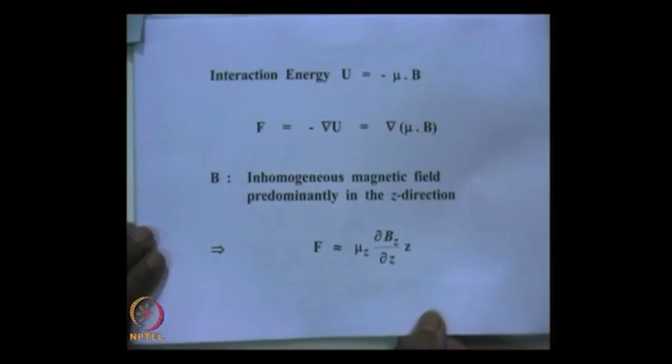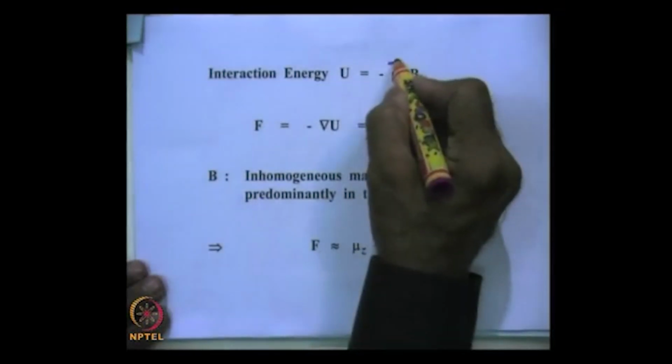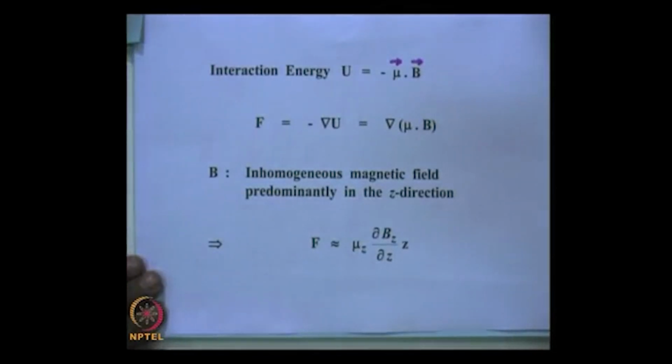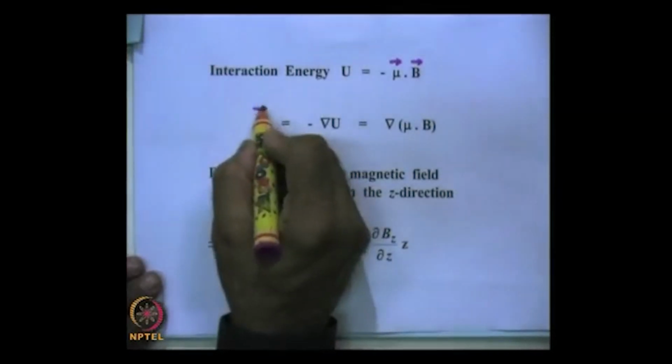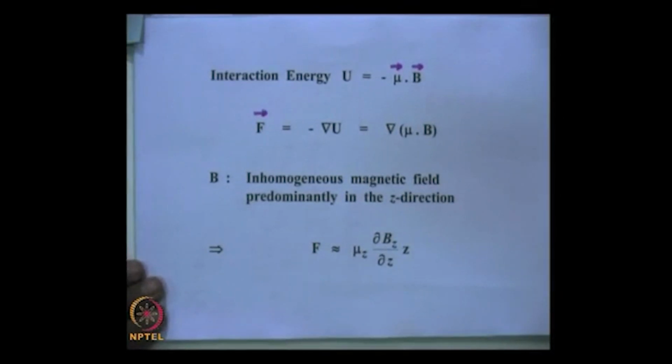So, let me repeat that the interaction energy for a magnet, all these are vectors, I have denoted by a bold sign, is mu dot B, and the force is equal to minus gradient of U. I now apply an inhomogeneous magnetic field predominantly in the z direction.